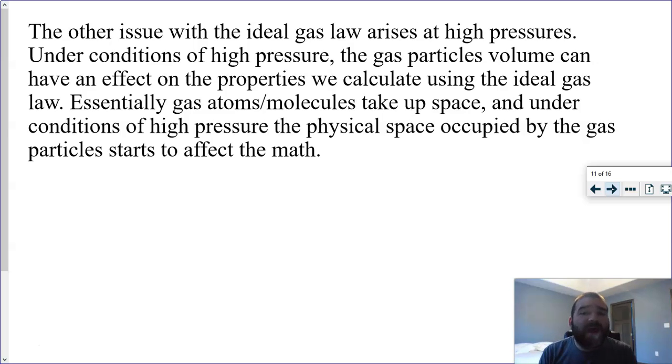The other is at high pressures. Under conditions of high pressure, the volume of the gas particles can have an effect on the properties that we calculate. Essentially, the atoms and molecules take up space, and under high pressure, the physical space occupied starts to mess with the math. You can think of it as purposefully forcing particles to get closer together, right? That's what high pressure is.